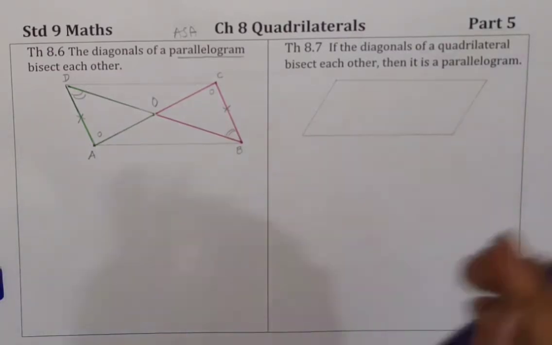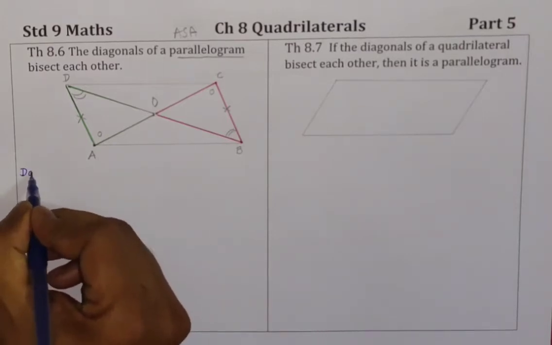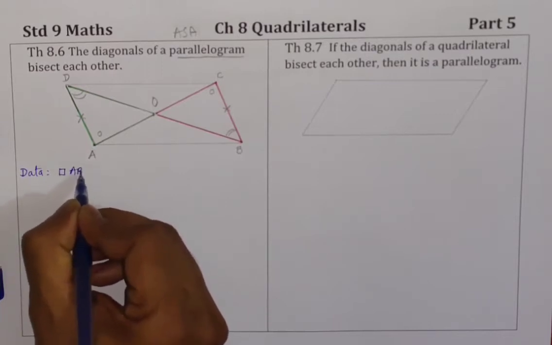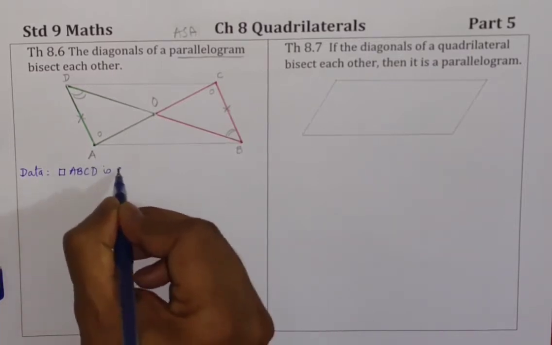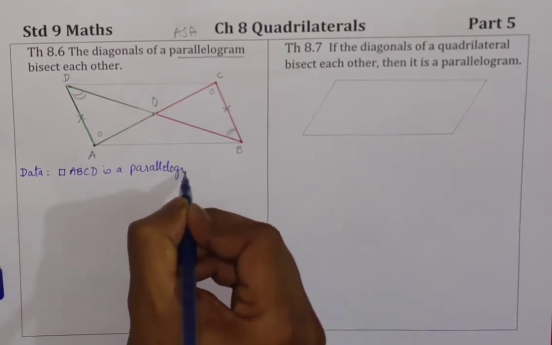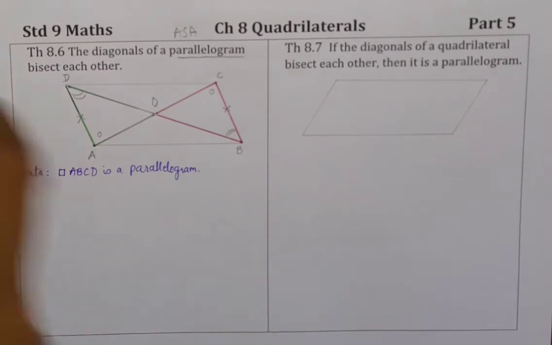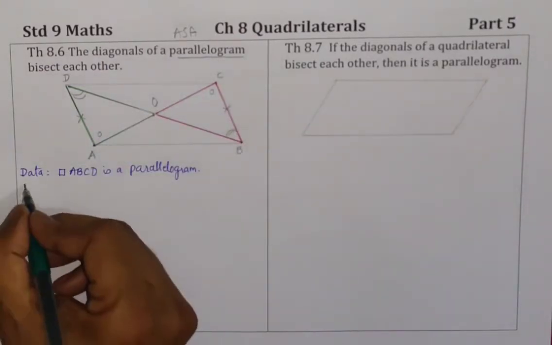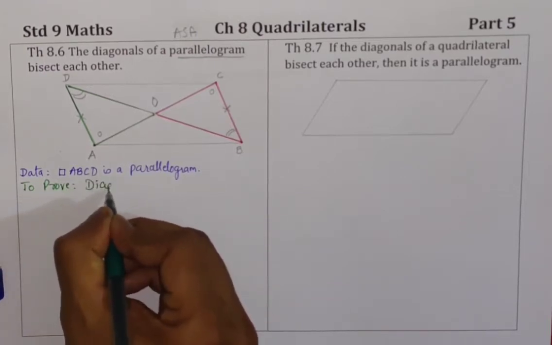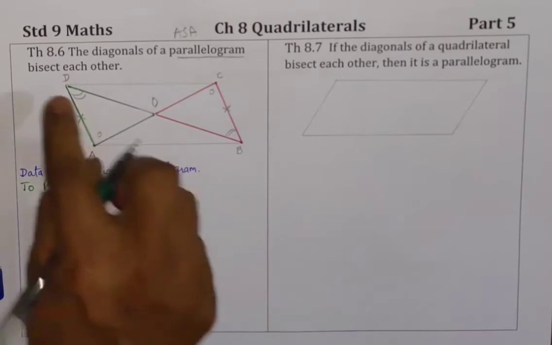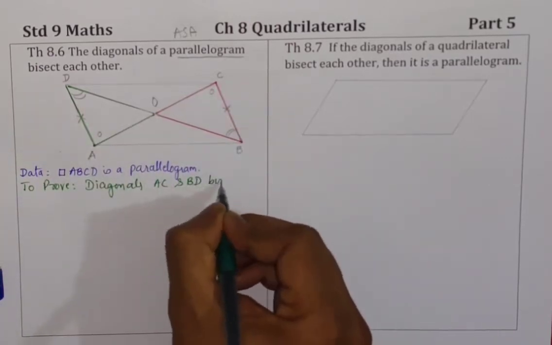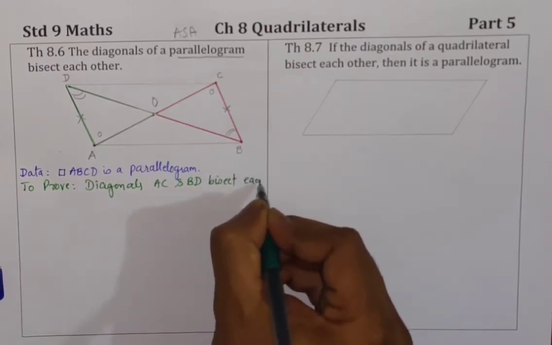Alright children? Data. What is the data? Quadrilateral ABCD is a parallelogram. That's it. To prove: diagonals AC and BD bisect each other.